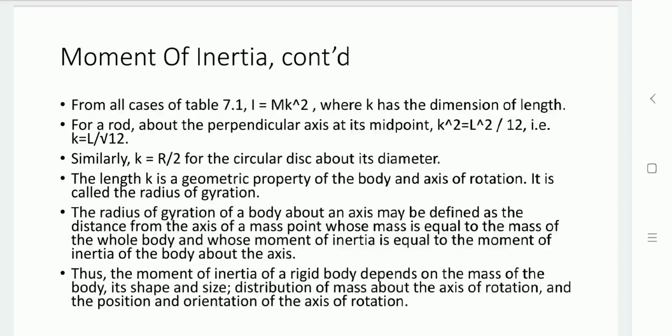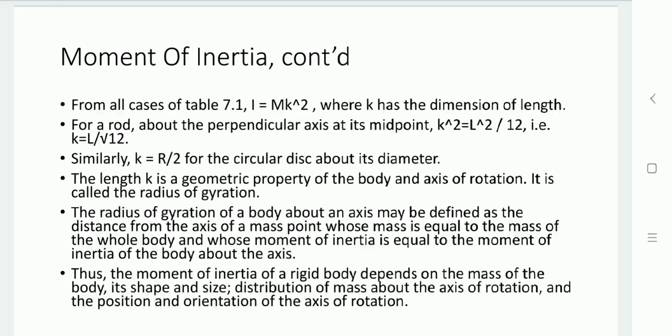Here the length k is a geometric property of the body and its axis of rotation, known as the radius of gyration. The radius of gyration of a body about an axis is defined as the distance from the axis of a mass point whose mass is equal to the mass of the whole body and whose moment of inertia is equal to the moment of inertia of the body about that axis.